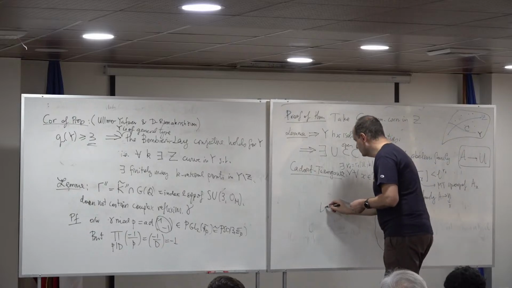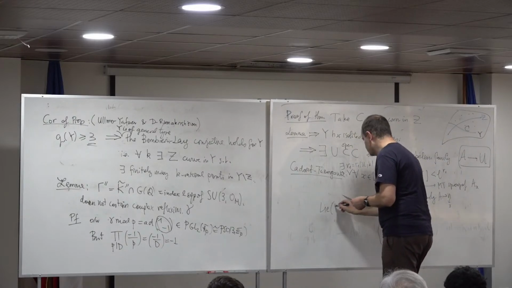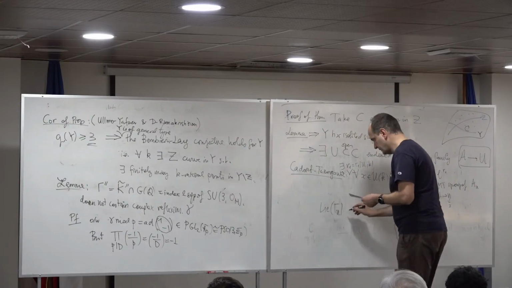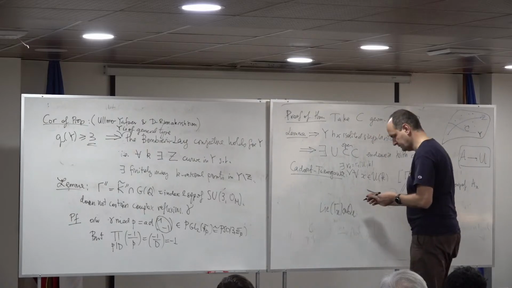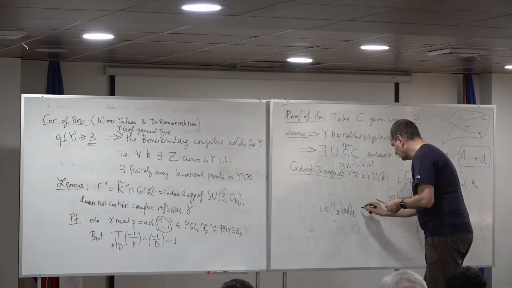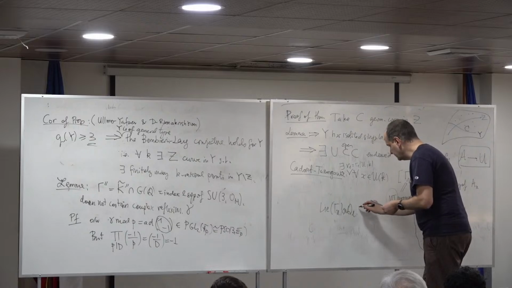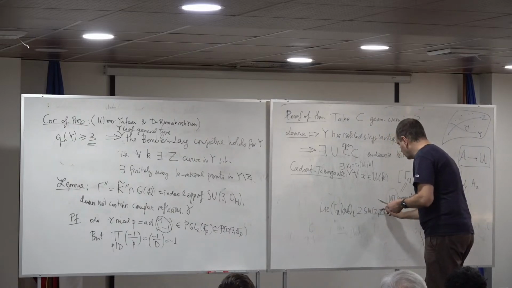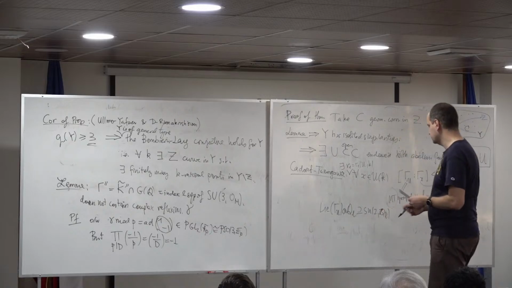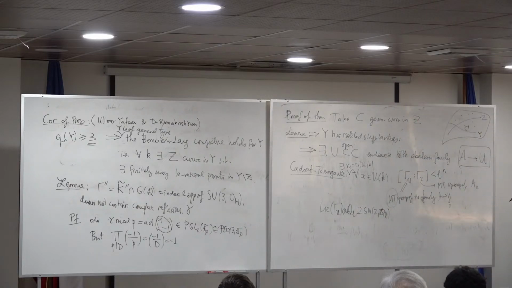By general consideration, the Lie algebra of gamma U tensor Q_l, so that's a Lie algebra in U3, contains SU2, which is just obvious.